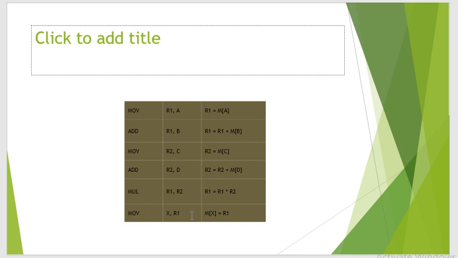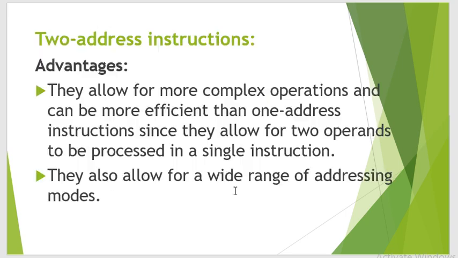This move operation is used to transfer the value from the register to operands. So this register contains the final answer. This final answer will be moved to the operand or variable. Okay, that is the meaning. So the micro operations are memory operand at address X is equal to register R1. So it contains the above operation.